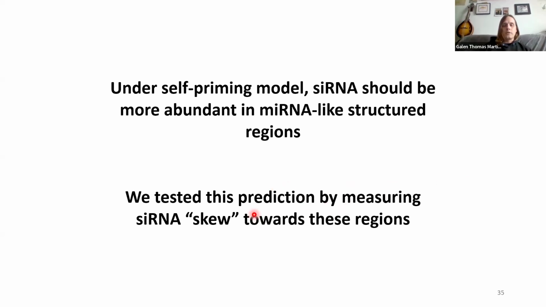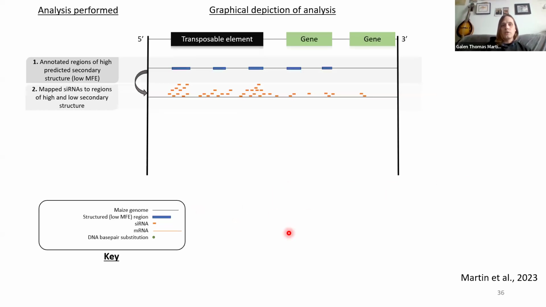And we did this by measuring the small RNA skew towards these regions, which I'll get to in a second, but this is just showing the basic idea. Our expectation is that these small RNAs map heavily to these structured regions, but less to unstructured regions, the rest of these elements.